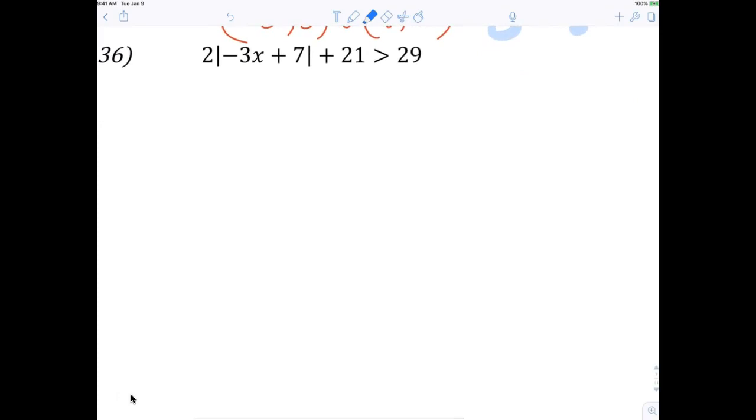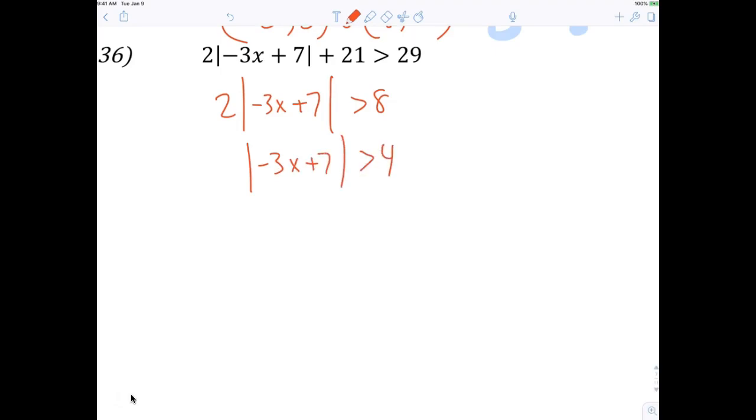Okay, 36, isolating. Subtract 21 first. So I have 2, absolute value of negative 3x plus 7, is greater than 8. The absolute value of negative 3x plus 7 is greater than 4. Right? Now we have to write it twice.